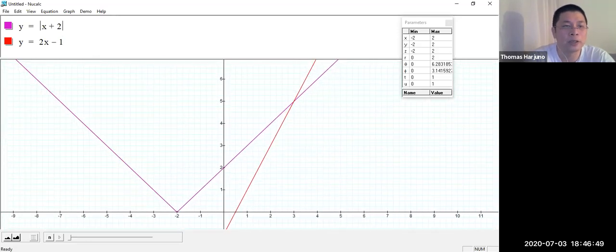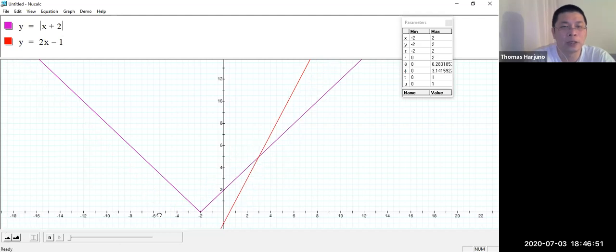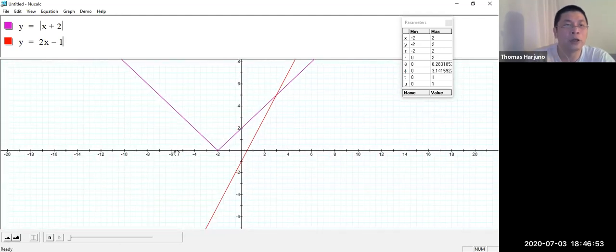Now you see that the purple graph, the absolute value of x plus 2, is always above the red graph all the way up to 3.